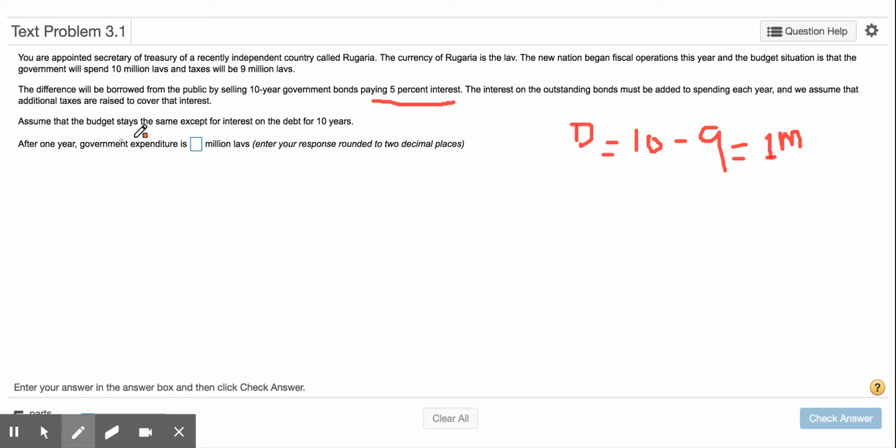Assume that the budget stays the same except for interest on the debt for 10 years. Okay, after 1 year, the government expenditure will be.